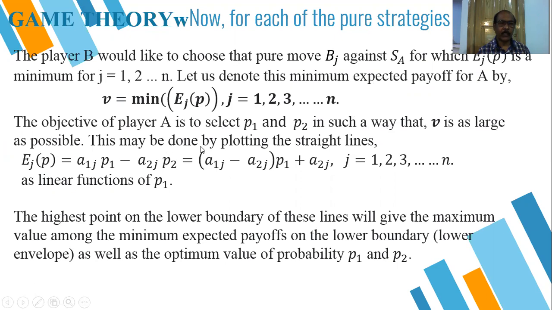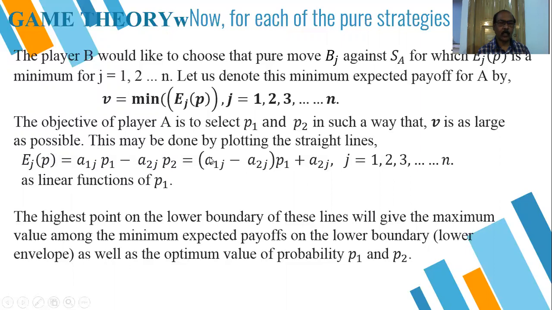This can be done by plotting the straight lines. Now we can write E(J, P) is equal to A1J P1 minus A2J P2. Now we replace P2 by P1, where P2 is equal to 1 minus P1.